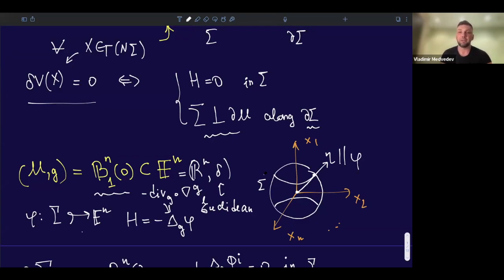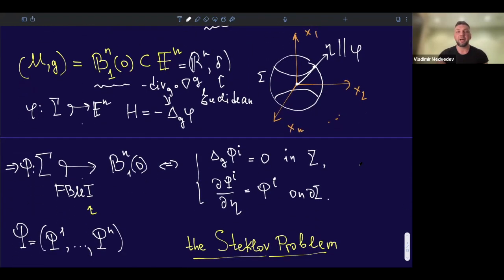And this is the condition which we have here. Sigma meets the boundary orthogonally. It means that along the boundary of Sigma, the normal vector field is proportional to the position vector field phi.